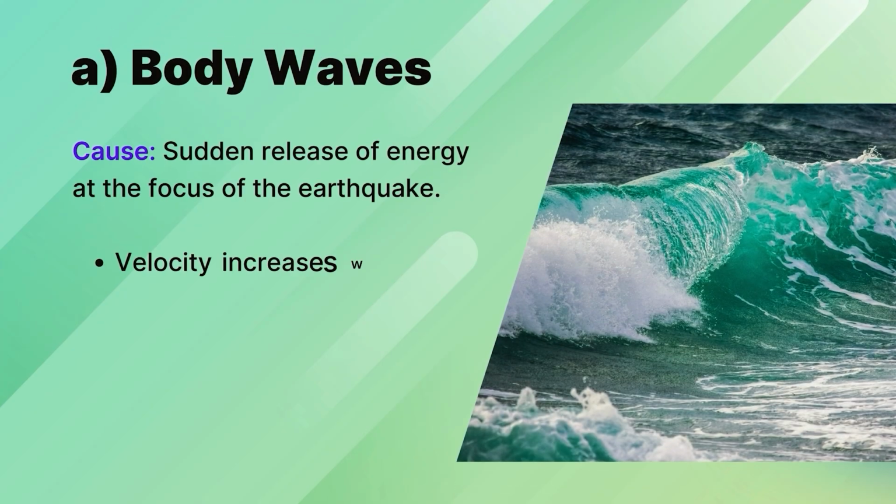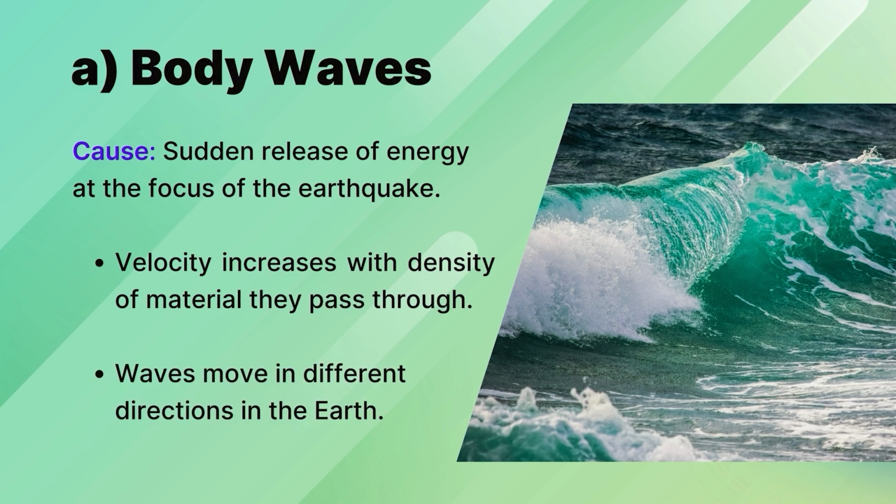So what is the cause of body waves? The main cause of the body waves is the sudden release of energy at the focus of the earthquake. As you understand, earthquakes release a lot of energy, and energy is normally in the form of waves.